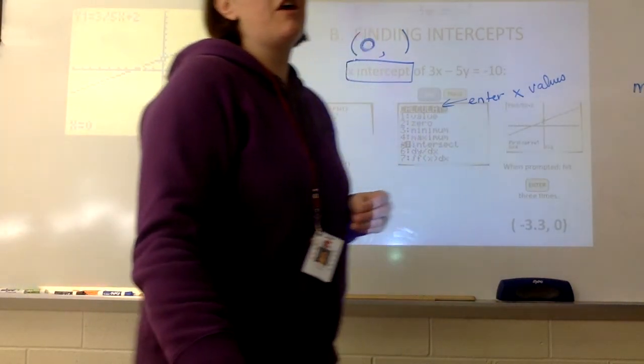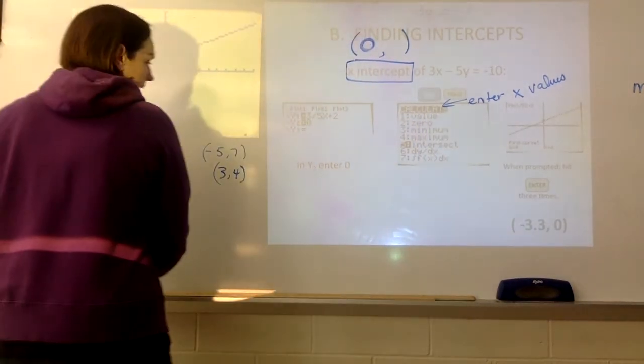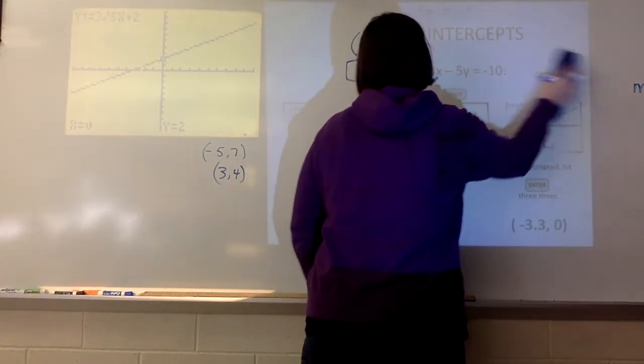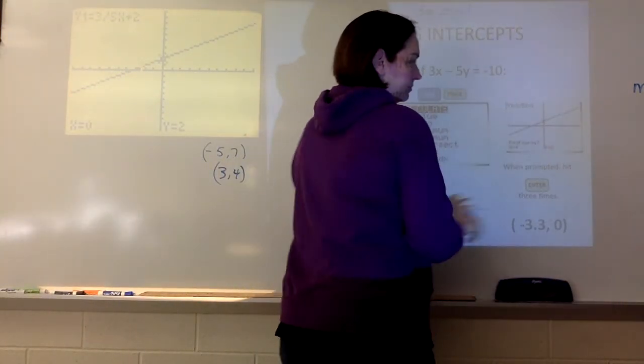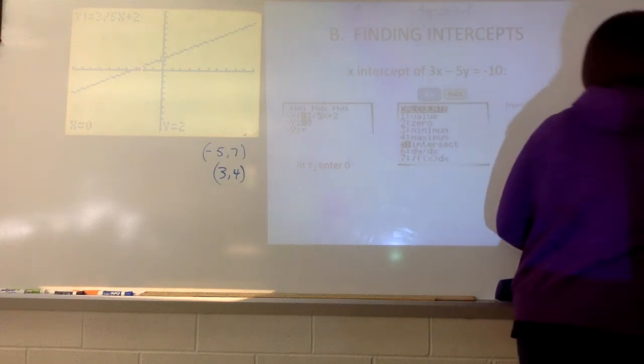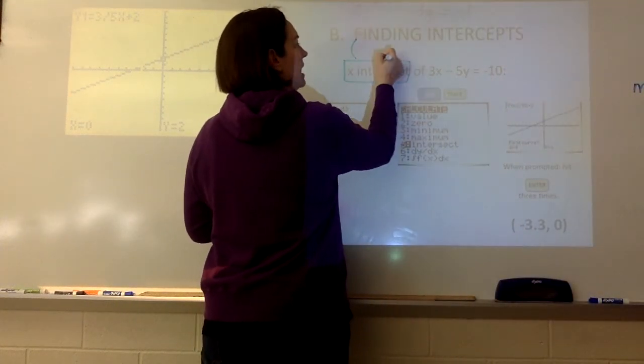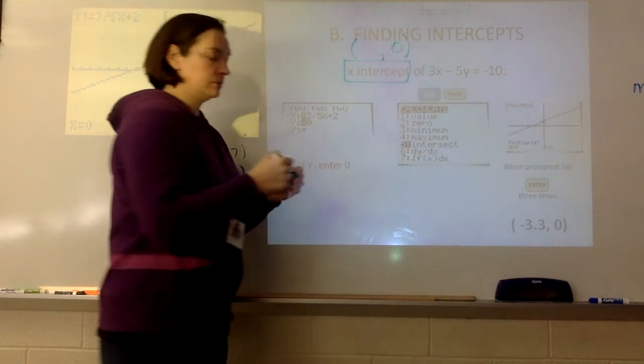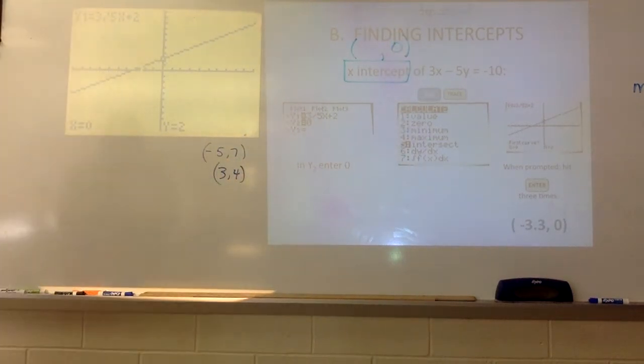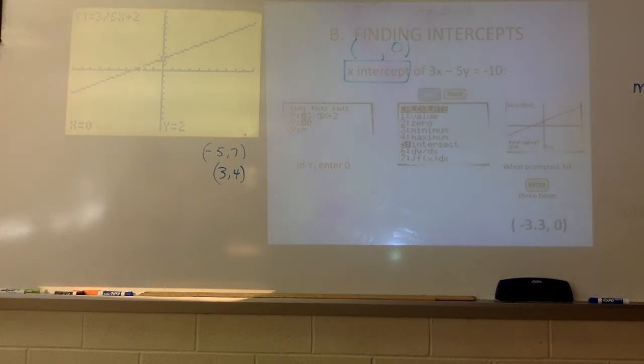All right, next thing you're asked to find is the x-intercept. What do we know about all x-intercepts in the world? X-intercepts all have y equal to 0. Now this is a little bit tricky. This isn't as nice as trace.